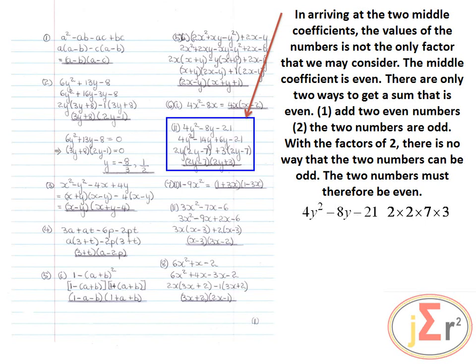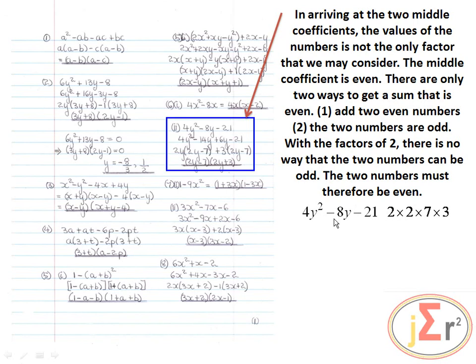And we are sure that we cannot get two odd numbers from this situation because we have even factors. So we have even factors, so we cannot use a combination that gives us two odd factors. Therefore, in order to get our even number here, we will have to use two even numbers.